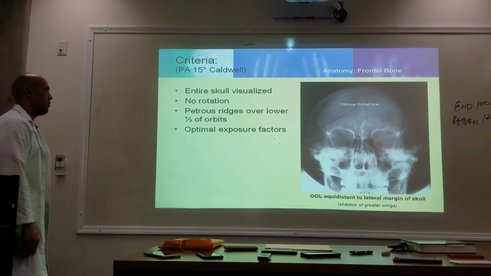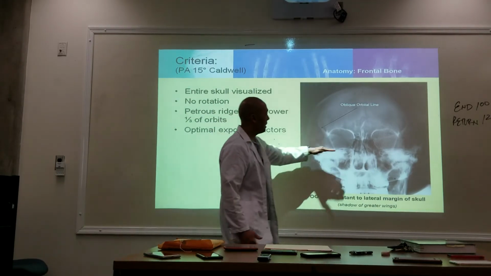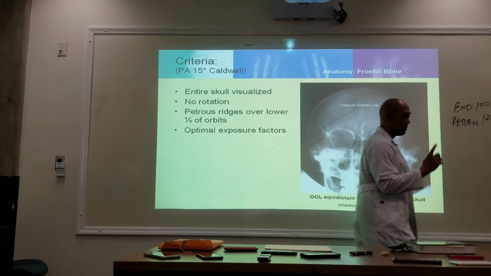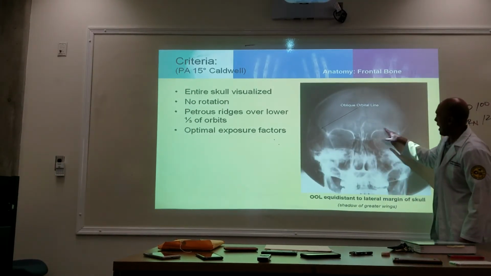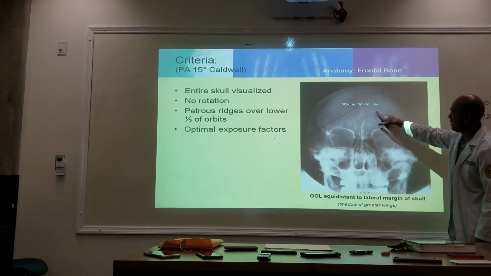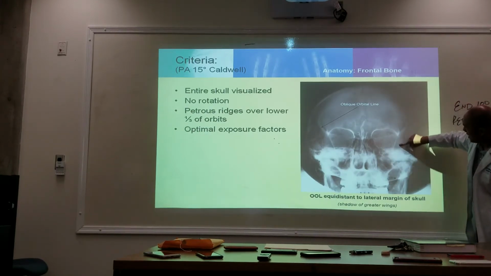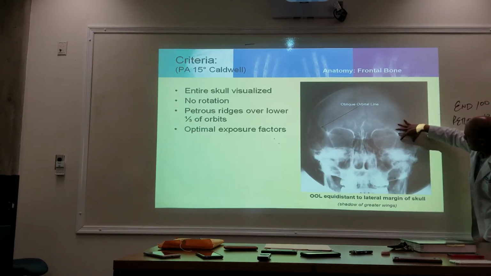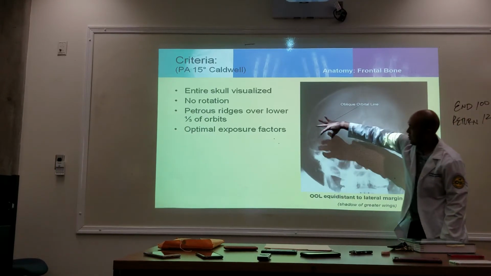How do we know if we've got no rotation? Properly positioned PA Caldwell, petrous ridges fill the lower third. How do we evaluate for rotation? It's really simple. We just look at the outer margins. Here it says the orbital oblique plane, but what I want you to look at is the outer edge of the orbits, and they're equal on both sides. That's how we know if there is any rotation or not.